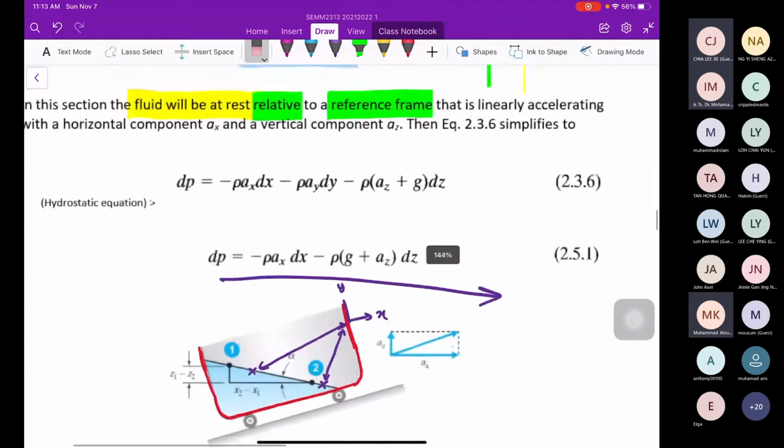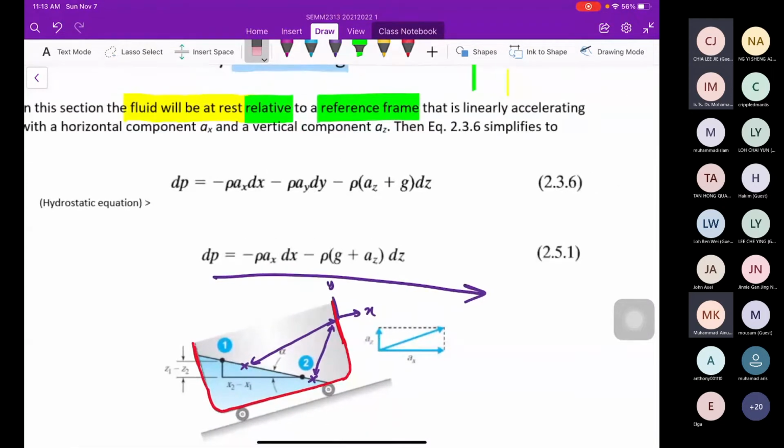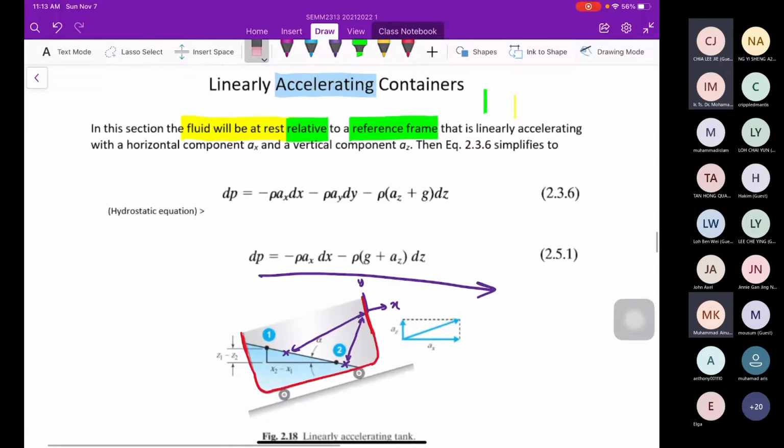So, do you still remember the hydrostatic equation? What is our hydrostatic equation? The last class we learned about the hydrostatic equation: P2 minus P1 equals negative gamma of water times Z2 minus Z1. Right.